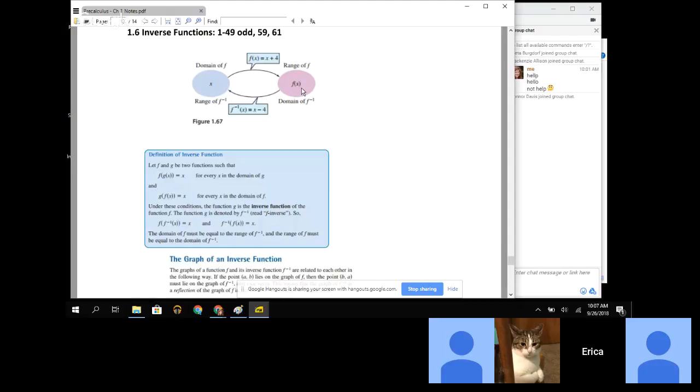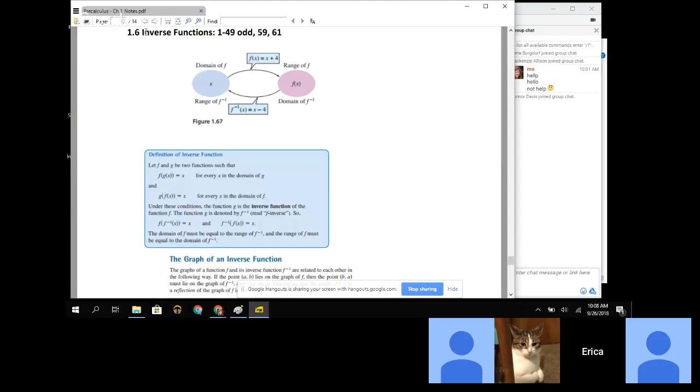All right, and then in our inverse function, basically we switch what we put in and what we put out. So again, I'm not sure if this picture helps or not, but in the inverse function, the domain of the inverse is actually the range of your original function. And what you get out is the domain.